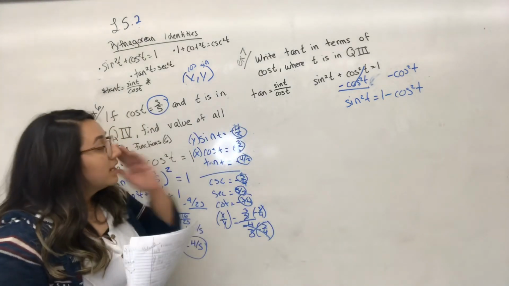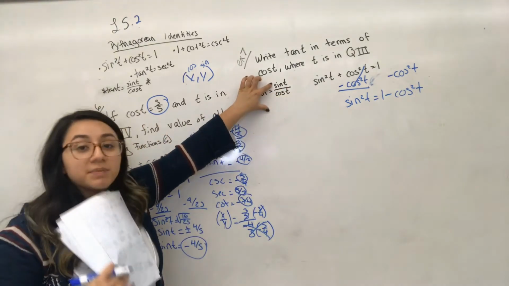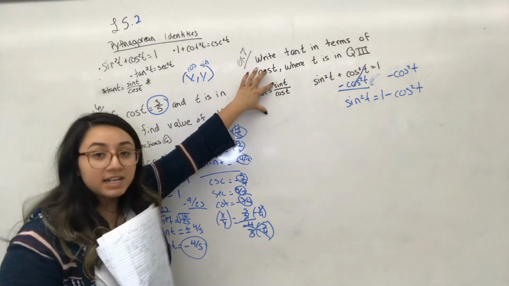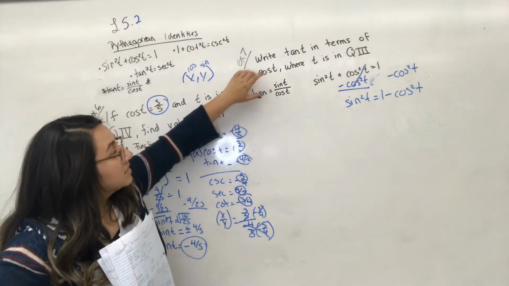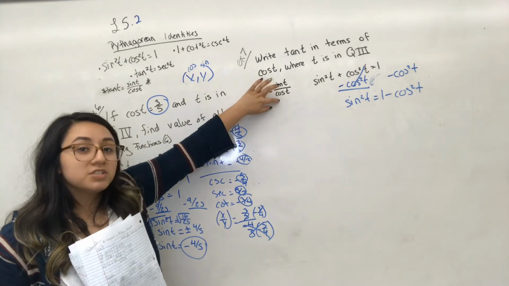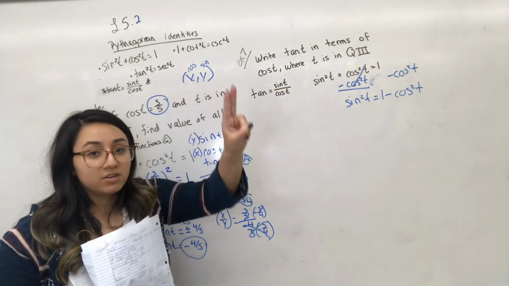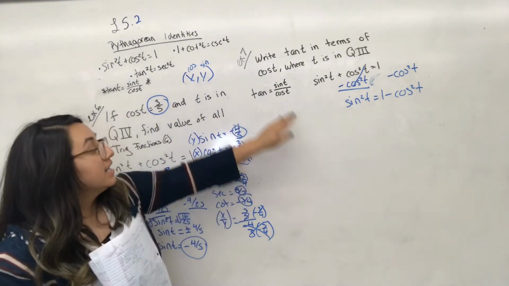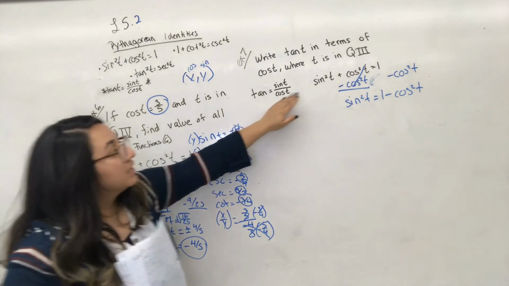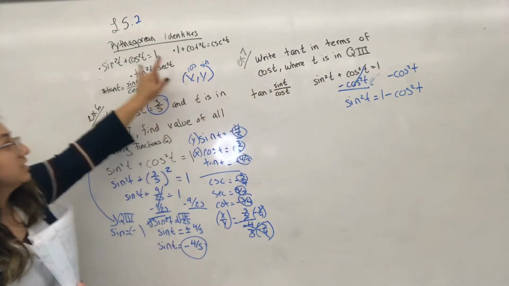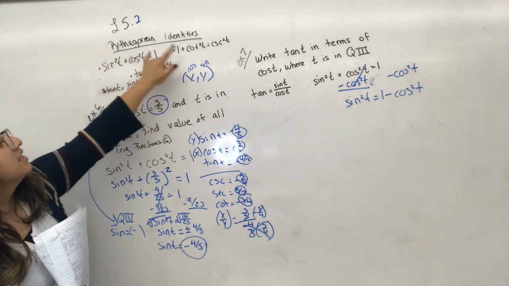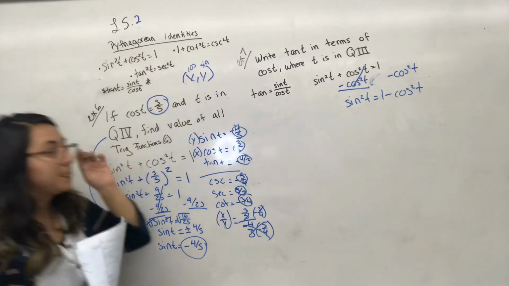And again, the reason why I'm doing this is because it looks like we can replace what the definition of sine is in place of this definition here, so we can get both in terms of cosine. Again, we don't want sine and cosine, they only want cosine in their definition for tangent. So here, that's why we have to use one of the identities. There's 3 of them. There's actually more, but we're just sticking with these 3 here.